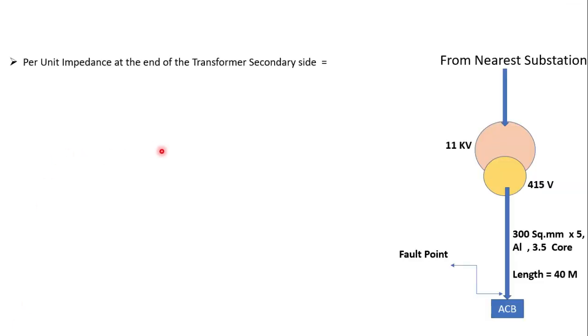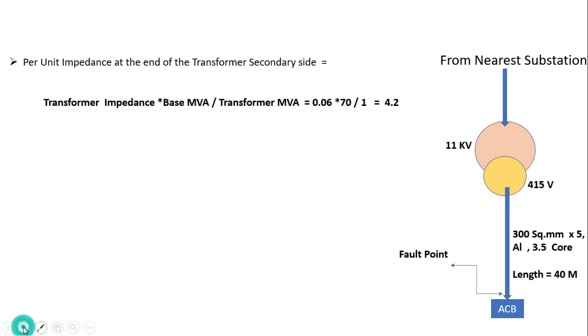So now let's calculate the per unit impedance at the end of the transformer secondary side over here. What is the formula for it? We have already discussed it in the previous step: transformer impedance into base MVA divided by transformer MVA. So the transformer impedance is 6.33% actually. Here we have calculated it into 70, the base MVA, then divided by the transformer MVA, which is 1000 kVA, meaning 1 MVA.